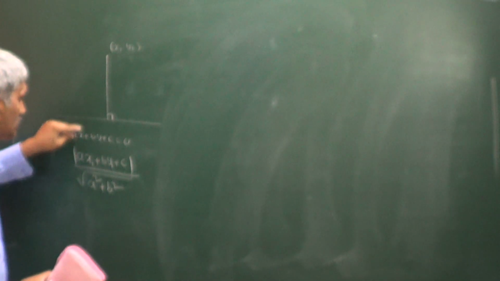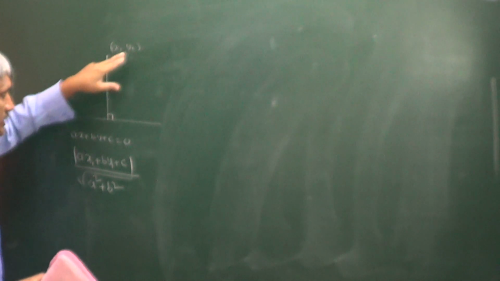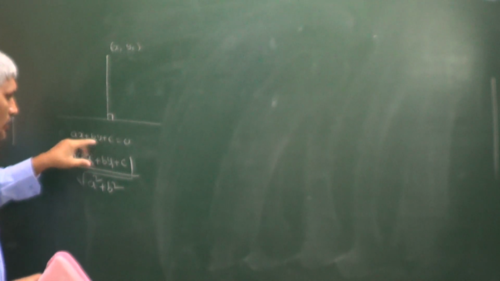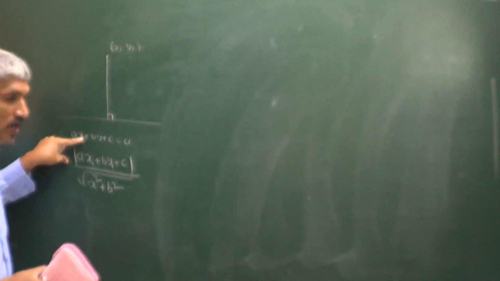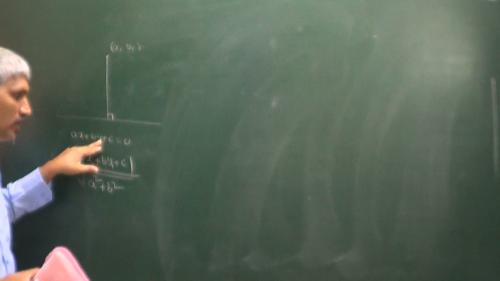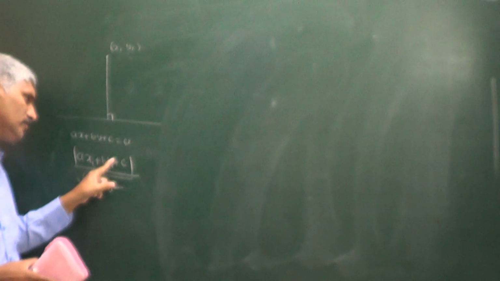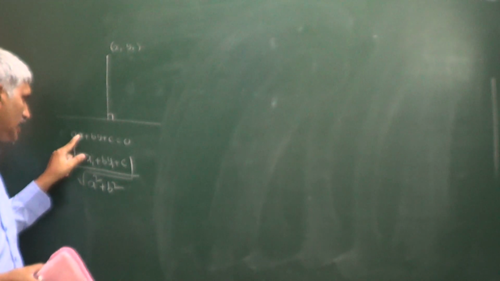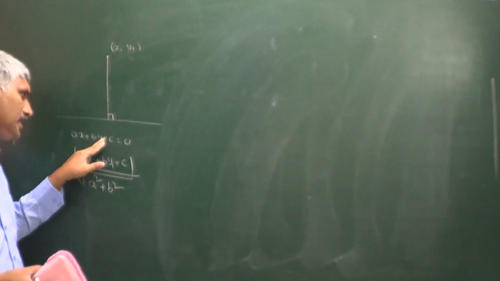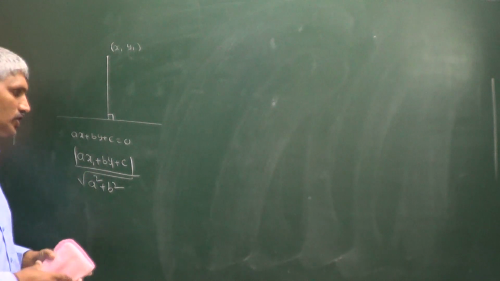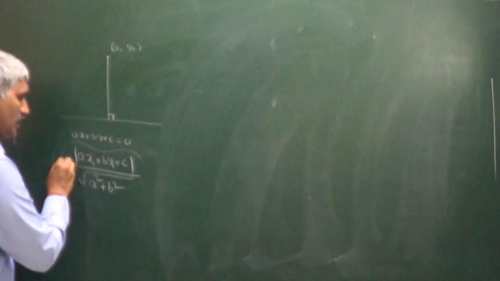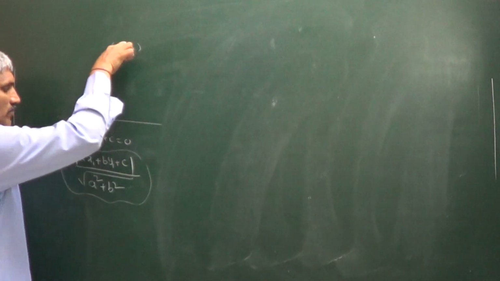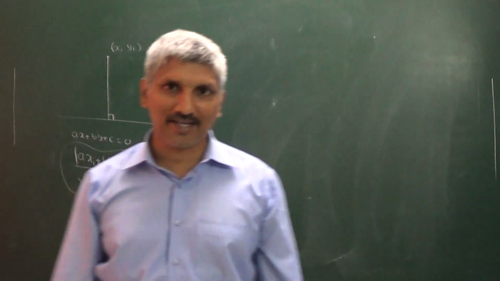In place of x write x1, in place of y write y1. So it is ax1 plus by1 plus c divided by root over x coefficient square plus y coefficient square. This is the perpendicular distance from a point x1, y1 onto this line.